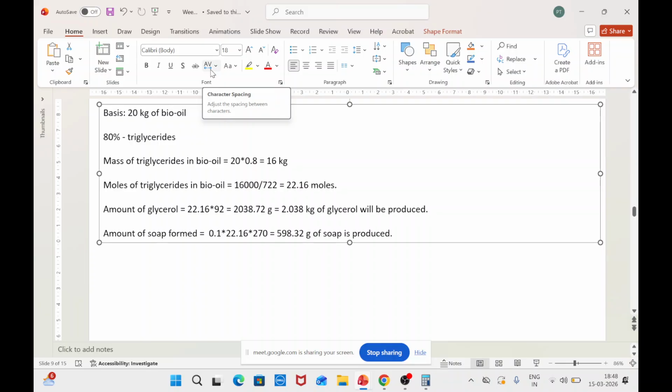So the amount of glycerol produced is 22.16 times its molecular weight, which is 92. That turns out as 2038.72 grams or 2.038 kgs of glycerol.